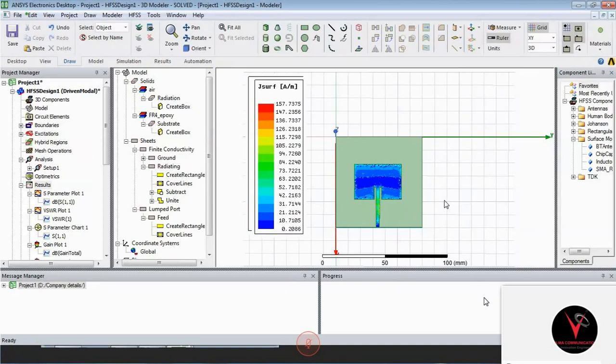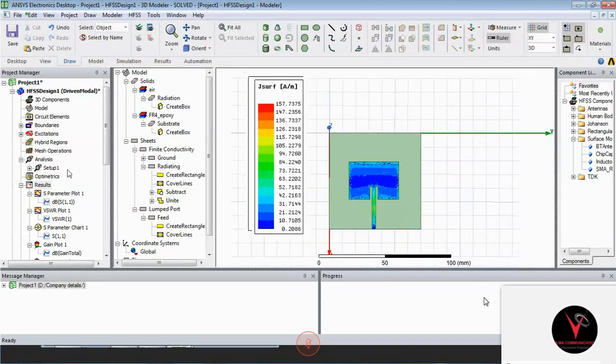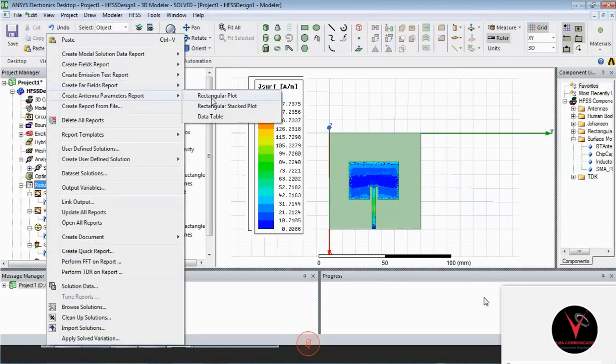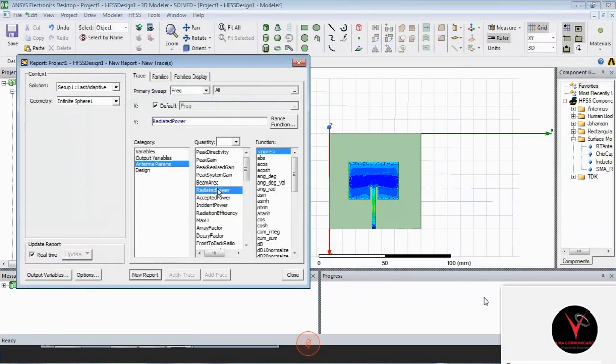Sir, good morning. Sir, how do we calculate the radiated power? Radiated power you can calculate directly from the two-dimensional structure.